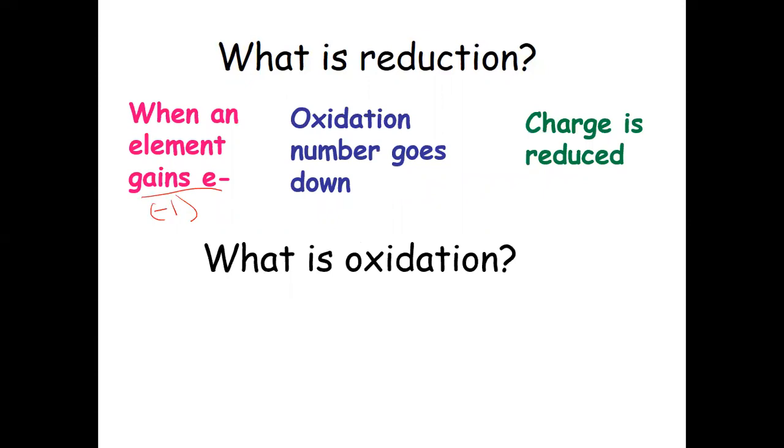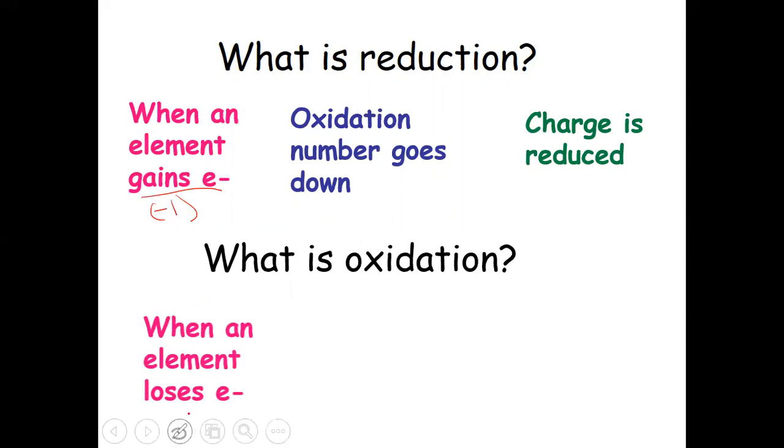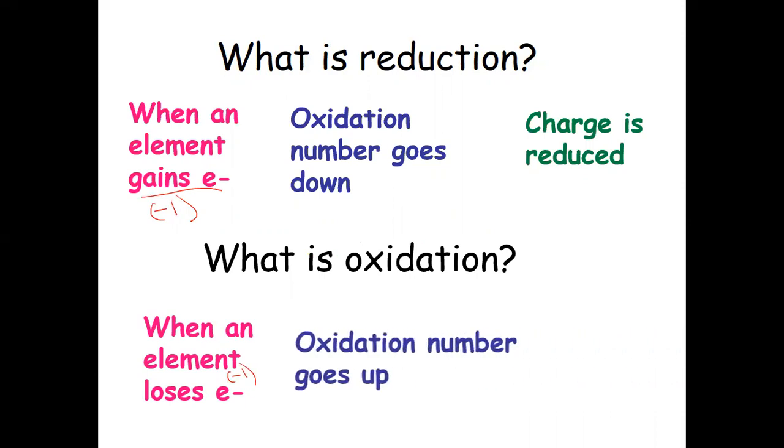All right, so now what is oxidation? Now this is very yin and yang in chemistry. This is the exact opposite of reduction. When an element loses electrons, remember an electron is a -1 charge, so we're subtracting a -1 in this case. That means the oxidation number goes up, a big ox.